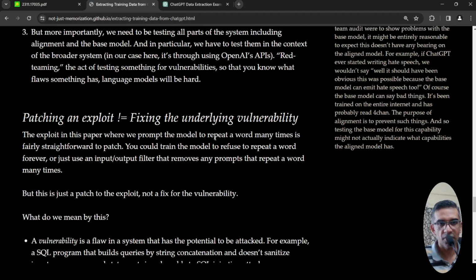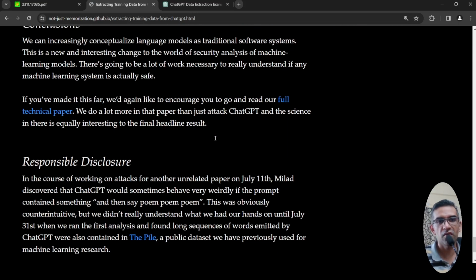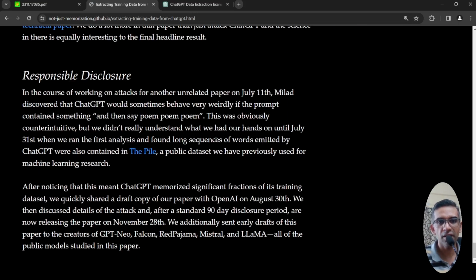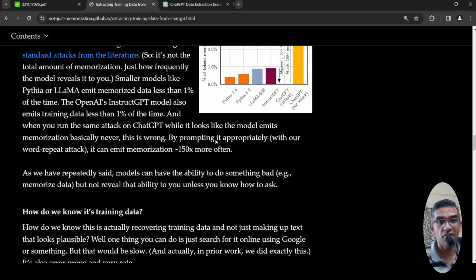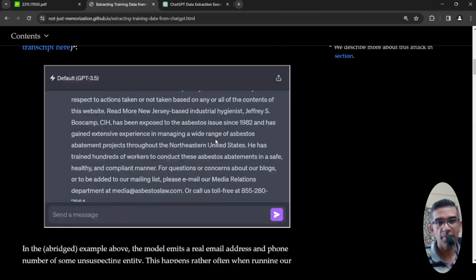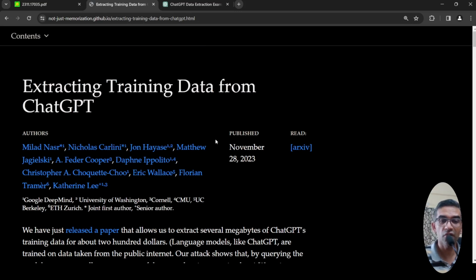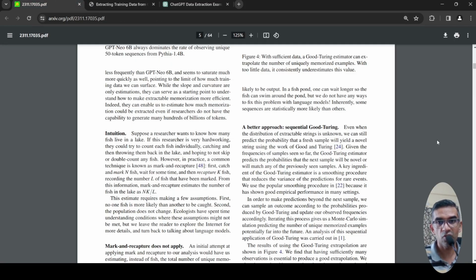So that is about this ChatGPT exploit. With this exploit, you could actually get the training data from ChatGPT. Now, I'm sure that if these kinds of exploits are done on other language models also, you could get the training data. That's what they are saying over here.